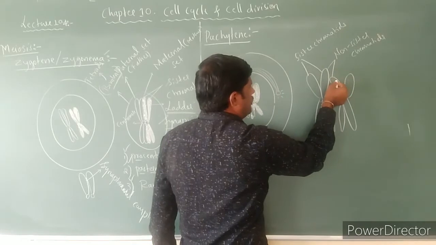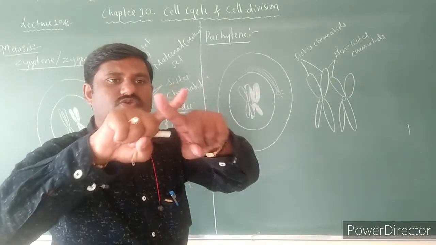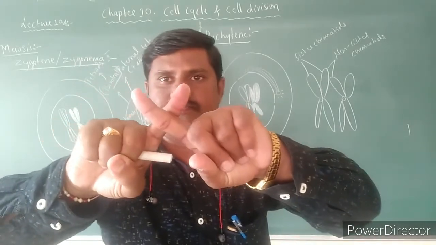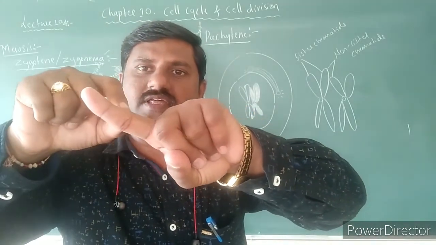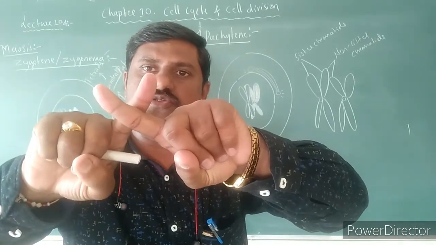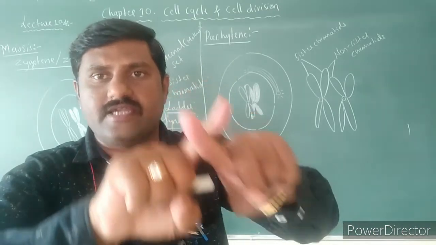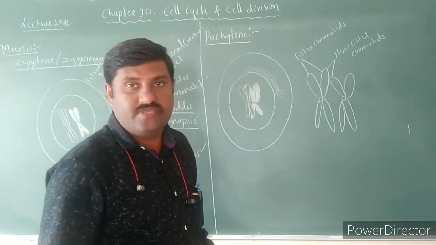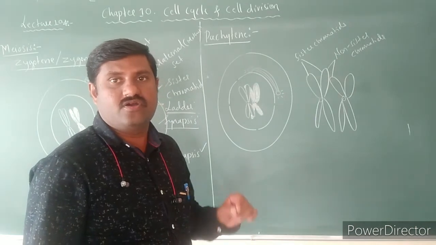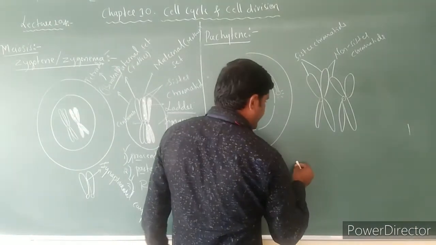So these non-sister chromatids overlap or cross over each other like this. When they cross over, at the point where these two non-sister chromatids attach to each other, we come across a recombination nodule.